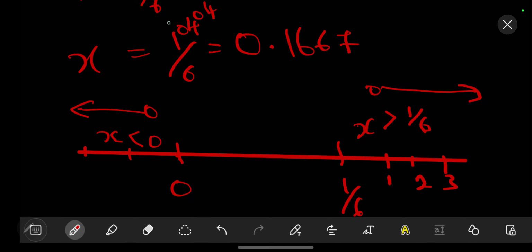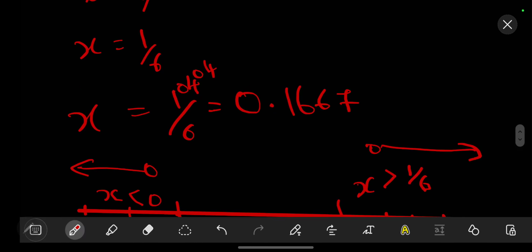Now you only use the one that is one of your critical values.